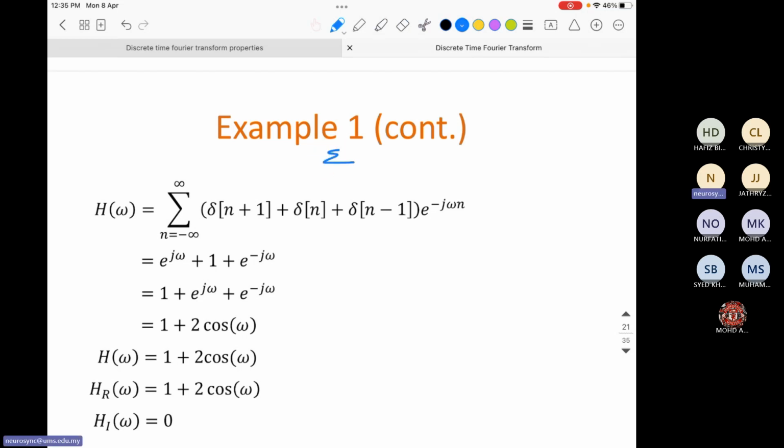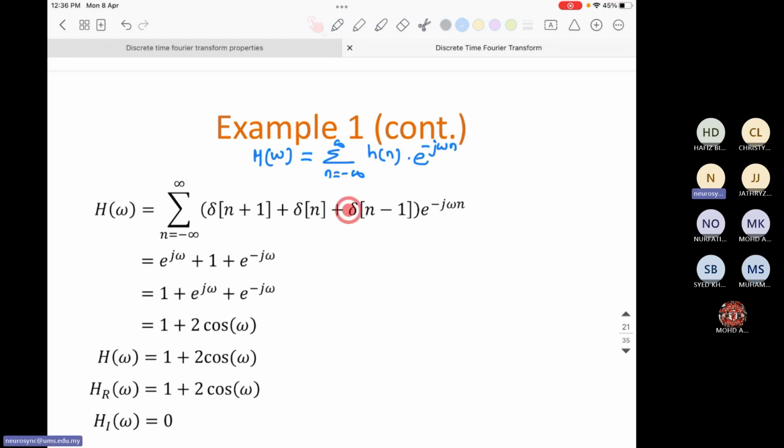What is the formula? I want H of omega from h of n. This is the formula: summation from n equal to minus infinity to infinity, h of n into e to the power minus j omega n. Now you can write this h of n like this.